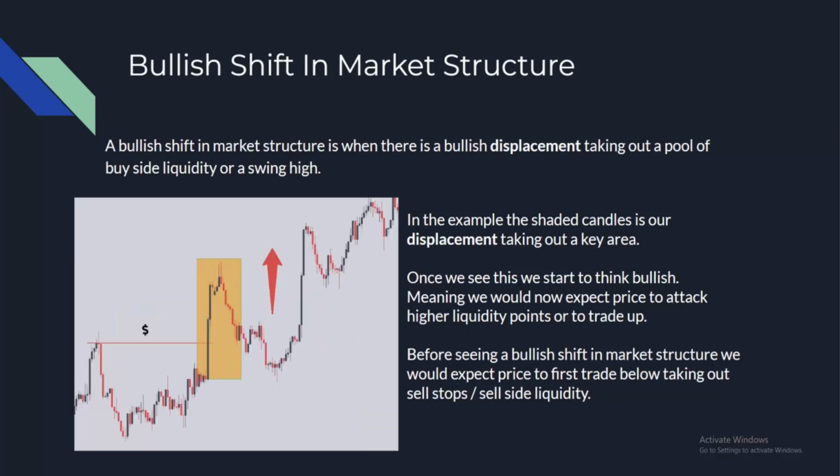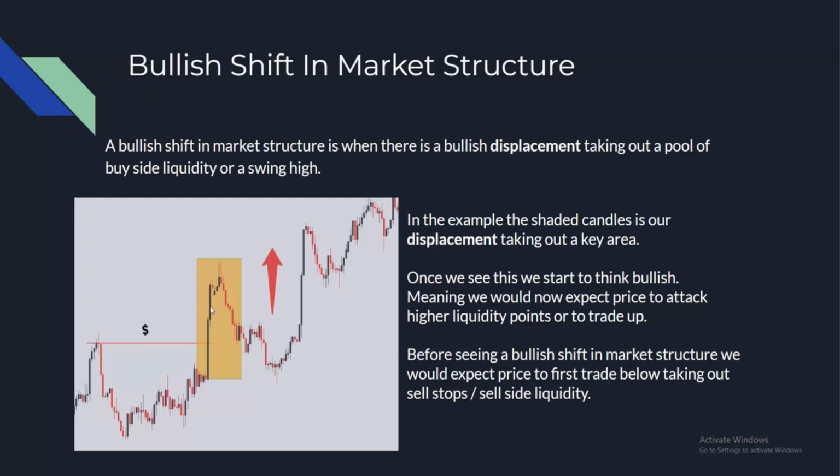And as you guessed it, there's also a bullish shift in market structure, and it's just the same concept. A bullish shift in market structure is when there's a bullish displacement taking out the pool of buy side liquidity or a swing high. In the example, the shaded candles is our displacement taking out the key area. So as I mentioned earlier, this strong bullish move taking out this key area would give us a bullish shift in market structure.